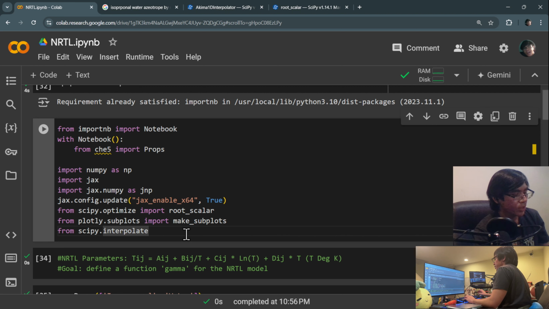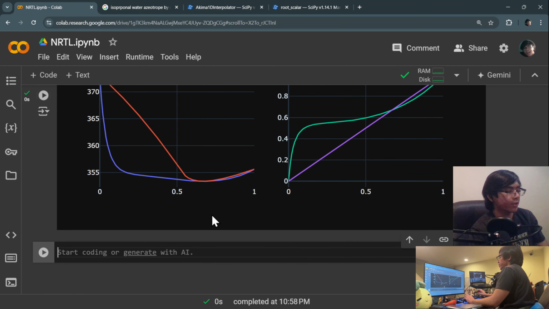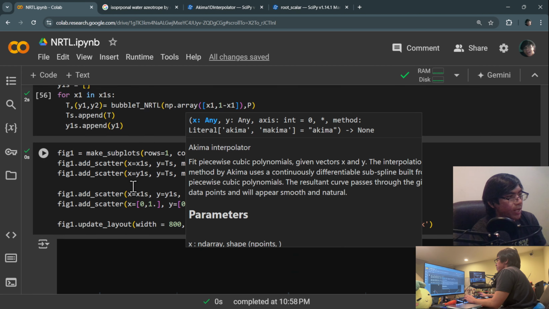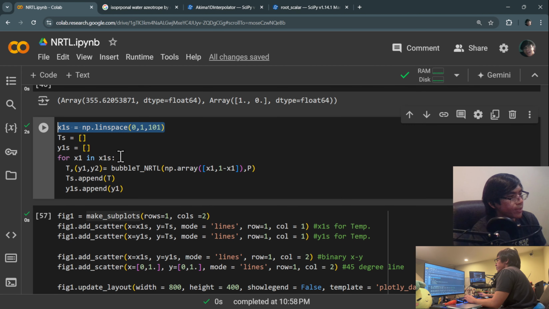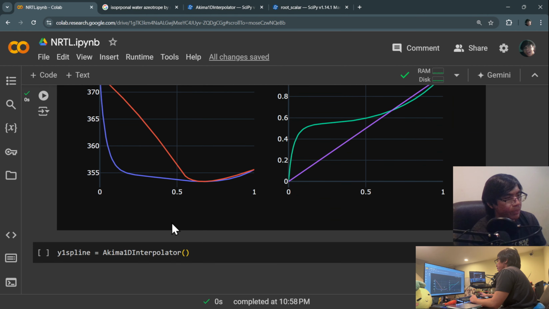So once I import this, like that worked, I'll do something like our y1 spline is our scipy 1D interpolator, awesome, and then we use that based on our x1s and our y1s, which we already plotted up. Those are equilibrium pairs, so no need to generate any more if we already have the data.